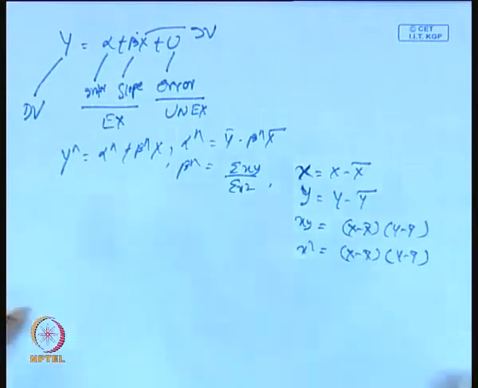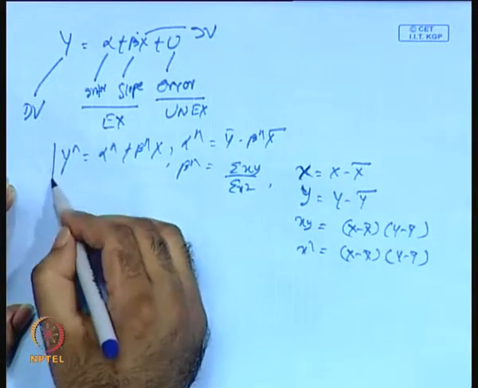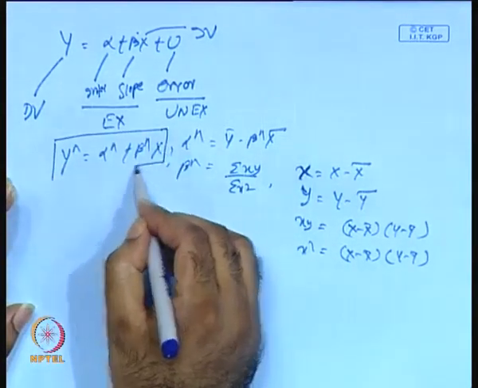So, this is the final equation we have received, and that is called the line of best fit.